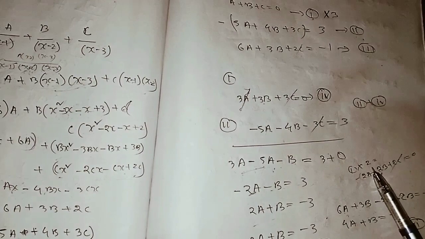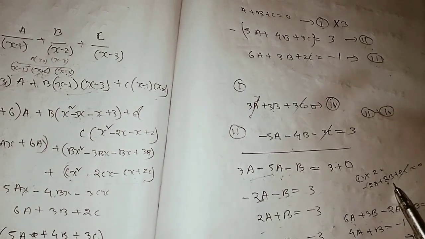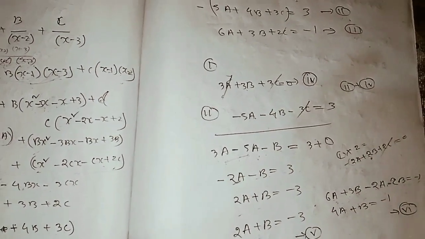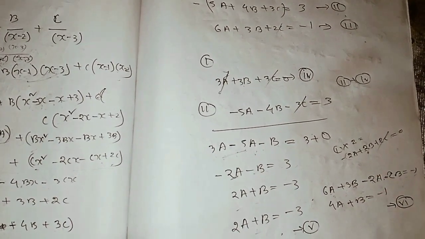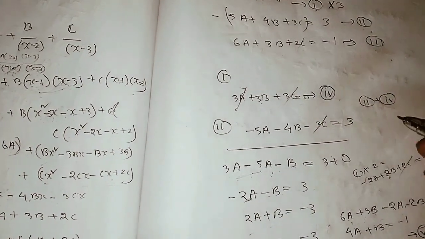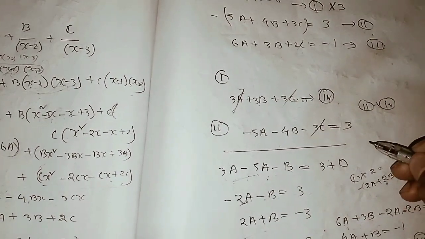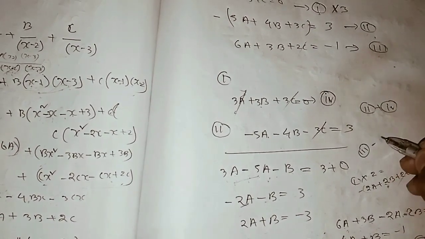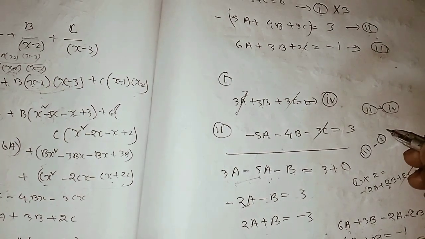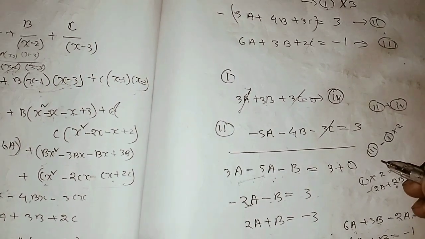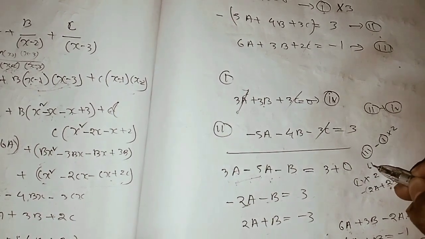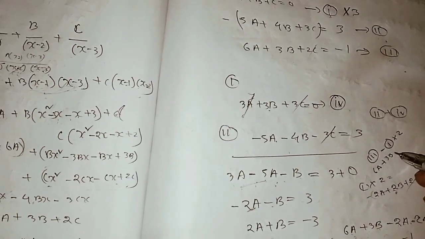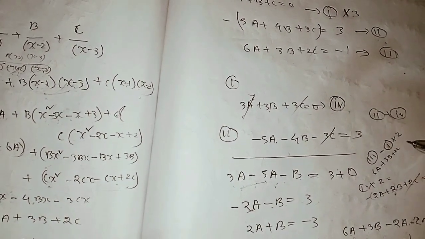Okay, what is this? Equation number 1. Don't be confused, I am here. Let's say this is equation number 3, and we subtract equation number 1 from it. Then you get 6a plus 3b plus 2c, yes or no?